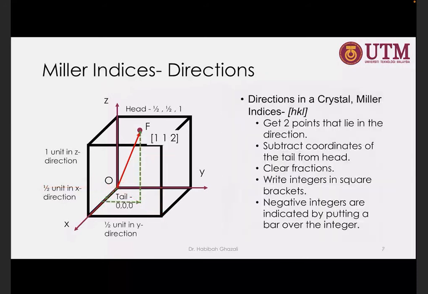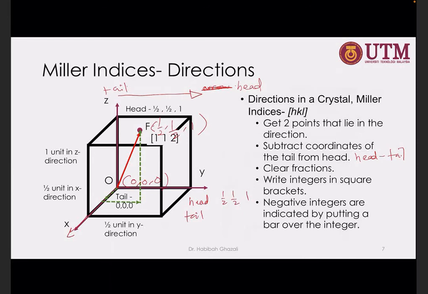Right now, we look at this. For here, head is half, half, 1. Tail is 0, 0, 0. This is x, y, z. Subtract, and you get half, half, 1.